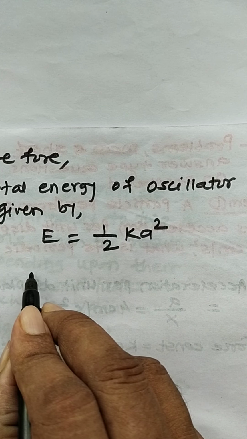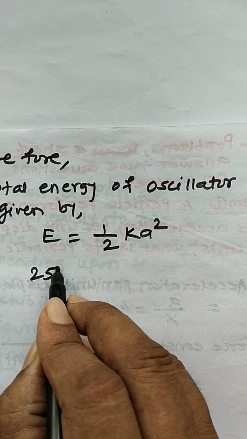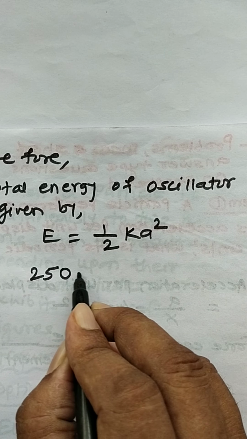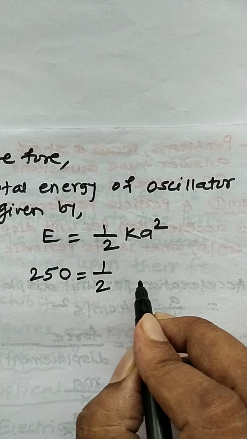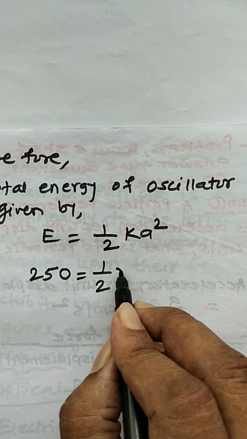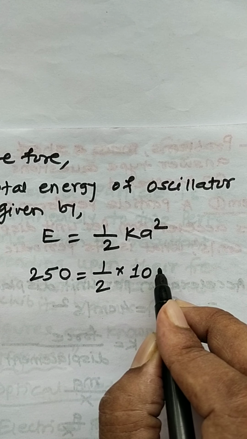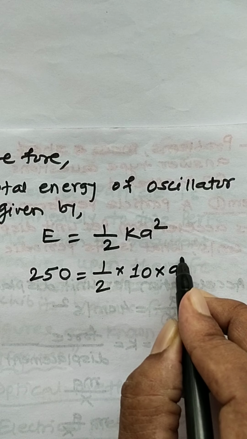So E is given as 250, equal to 1/2 times the value of K, that is 10, times a square.